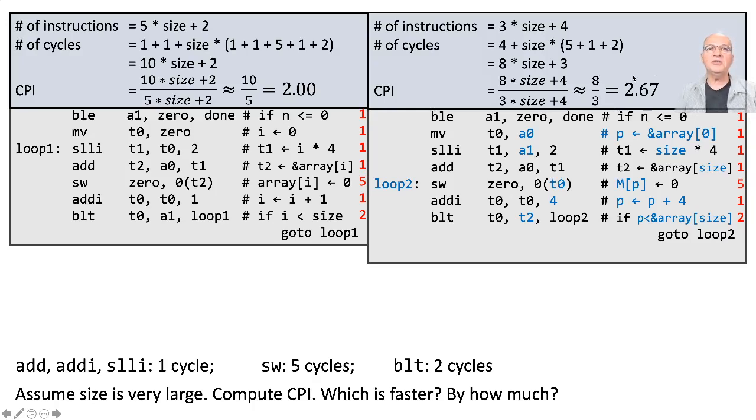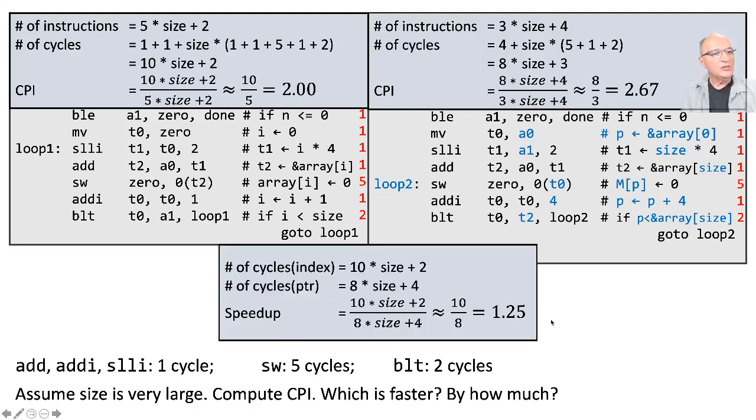So if I just think that having fewer clock cycles is better, so a lower CPI is better, I may say that the loop with the array indexing is better than the loop with the pointer indexing. But is that the case? Let's look at the number of clock cycles overall for these 2 codes.